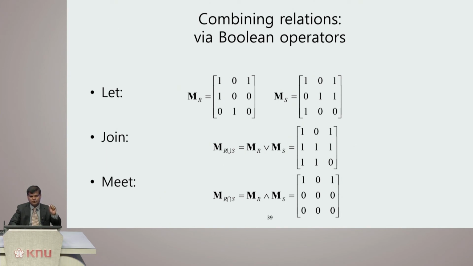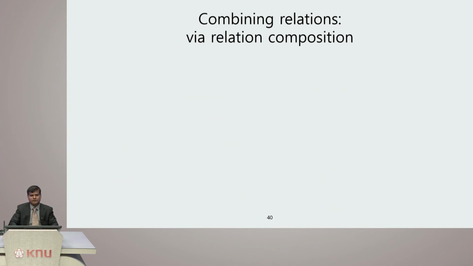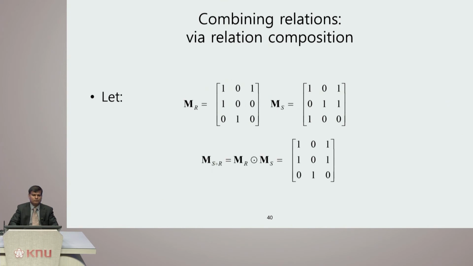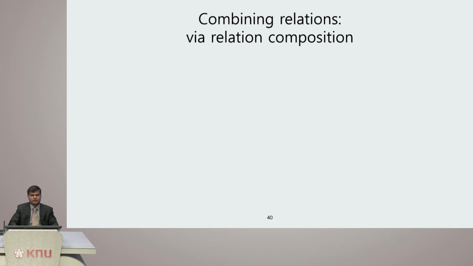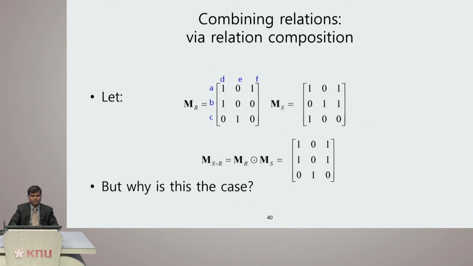So join is OR, meet is AND, and then you can see taking the same as this other function here. We are coming up with new, different functions case by case.